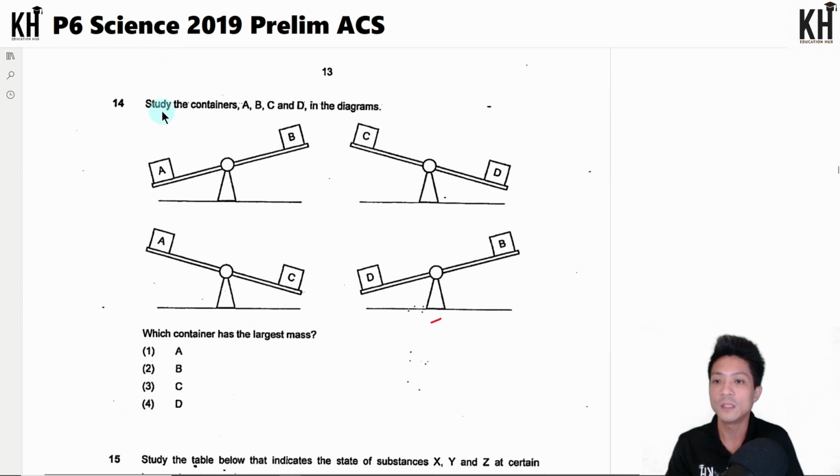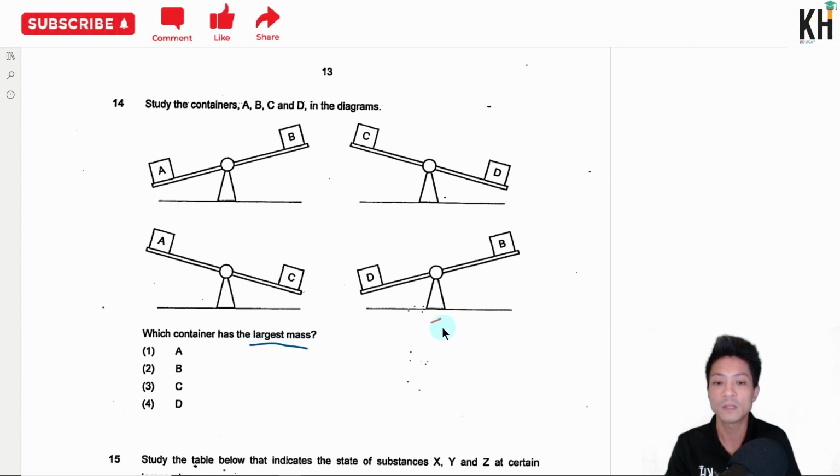Question 14. Study the containers A, B, C, and D in the diagrams. Which container has the largest mass? Let's start.